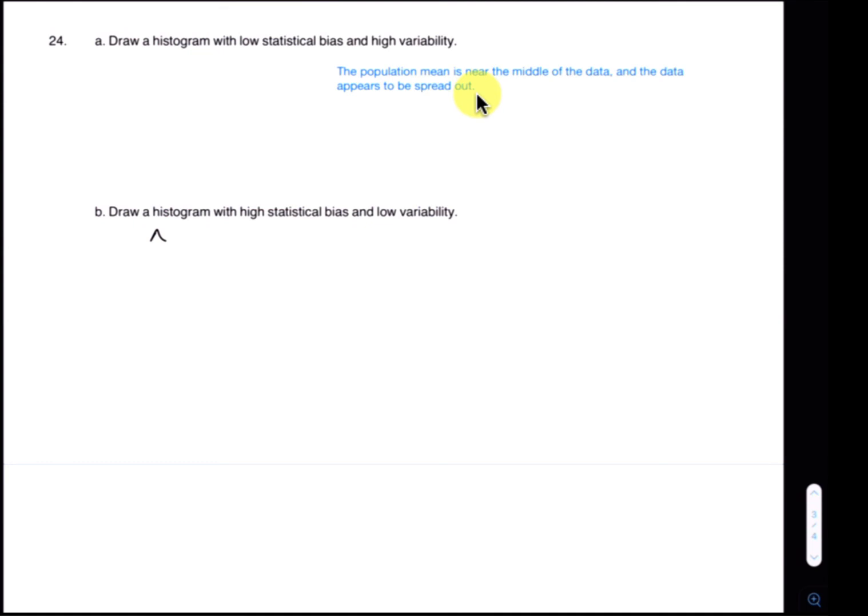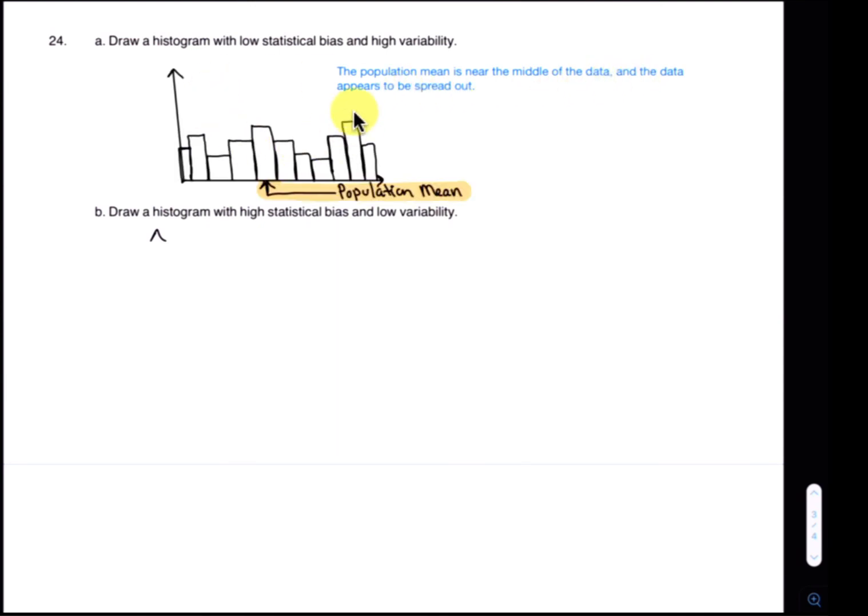So let's draw a histogram where the mean is in the middle or near the middle, but the data appears to be spread out. It could look like this. So we're stating the population mean is somewhere in the middle, and you see how everything is kind of spread out, and there's a lot of variability with the heights of the bars.